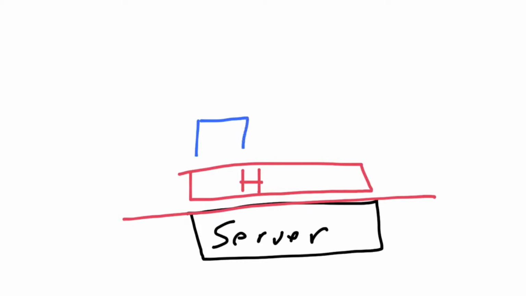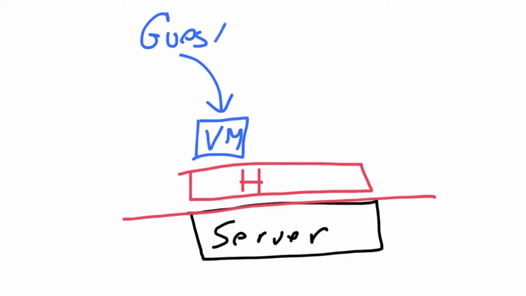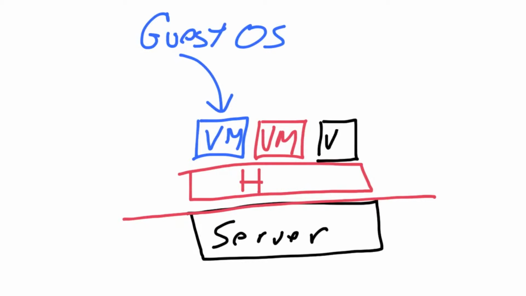So there's a VM, and this is an entire operating system contained in here, so a guest OS. Now, because there's an entire OS in that VM, the other guests on top of here don't actually need to be the same thing. So we can have a different VM, we can even have a third different VM, and so forth and so on.